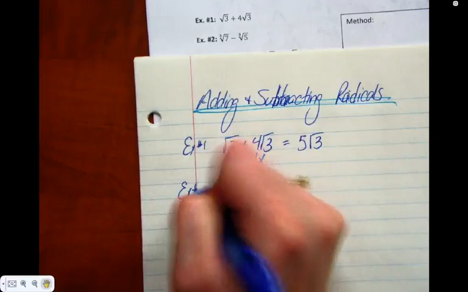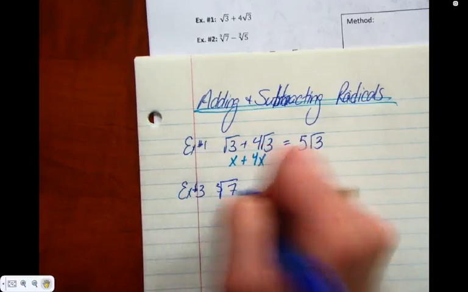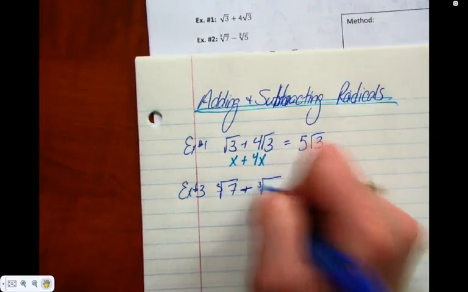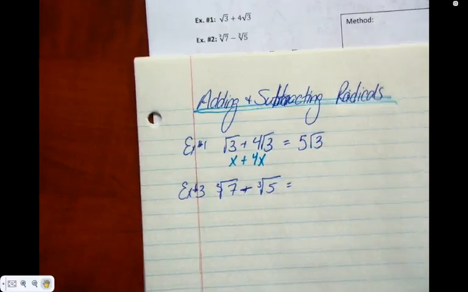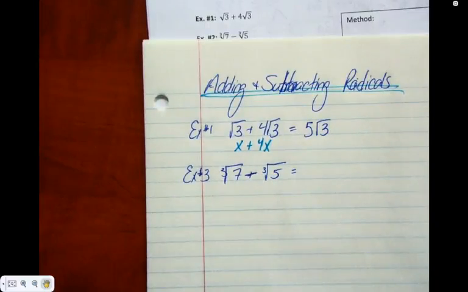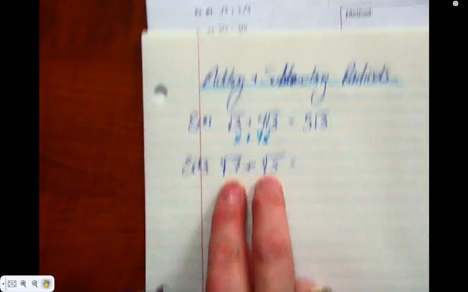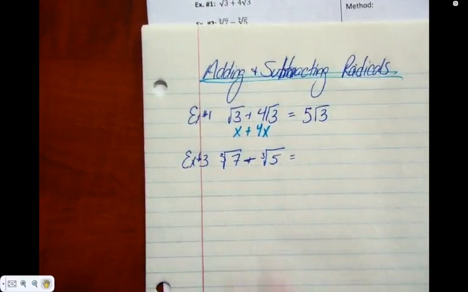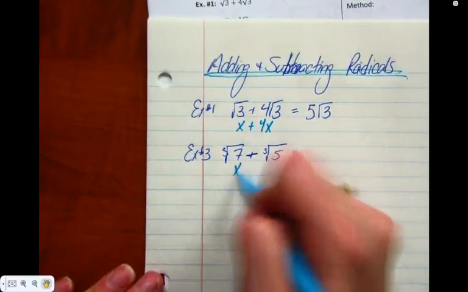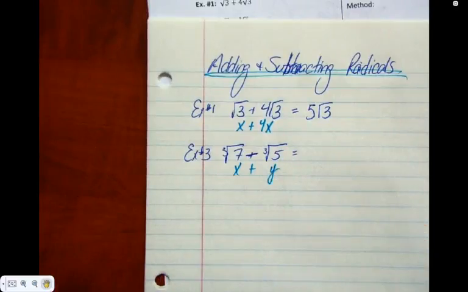Same thing with cube roots this time. So a cube root of 7, minus a cube root of 5. What do we do with those? So if we didn't change the radicand here, what do we do with this? So think in your head this is just like an x and a y because they're different radicands.